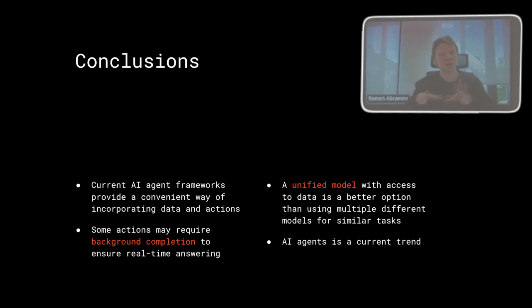And wrapping this all up, there are several conclusions. First of all, using an AI agent could really simplify your system if you have multiple AI services that you need to sustain, and you need to put some effort into supporting them. But at the same time, you still need to think about how you would implement that, because it is not always possible to provide some actions in real time.